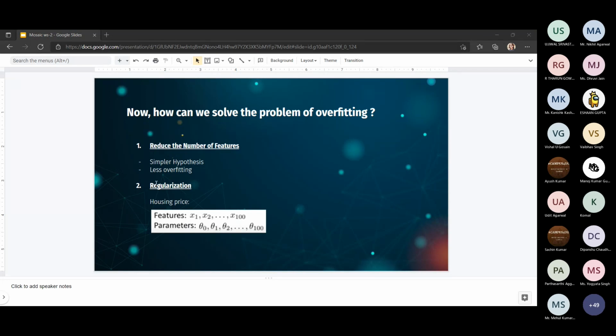Here we can keep all the features, unlike the first solution I discussed. Here we don't have to reduce any features. We can keep all the features, and it will work well when we have a lot of features and each contributes towards the prediction of y.